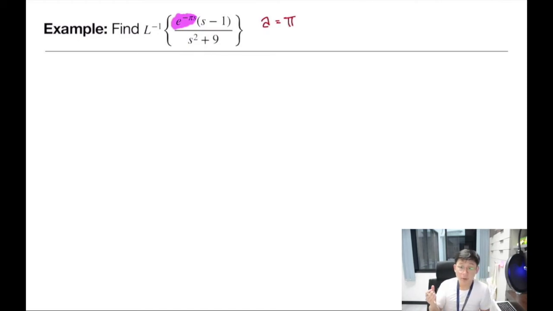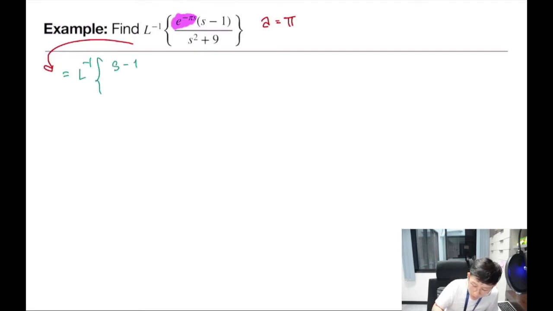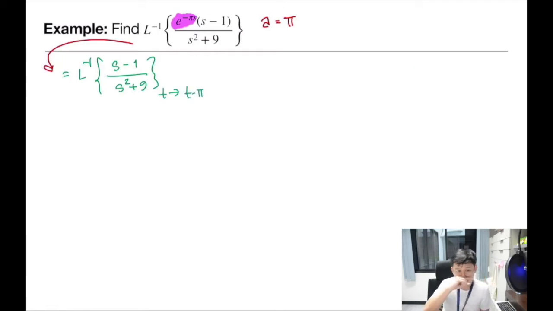So this one can be written as L inverse of s minus 1 divided by s squared plus 9, and then you change t to t minus a, which is t minus pi, and then you need to have u of t minus pi. Okay, that is quite simple, right?